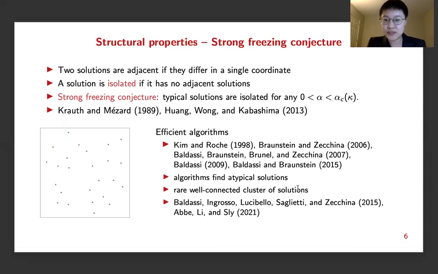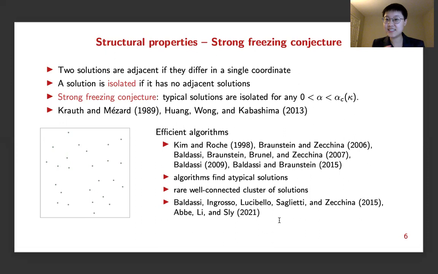Okay, and some of this was investigated in the paper by Baldassi and co-authors and another work of ours. So this is the phenomenon that you expect to see in the perceptron model. This is the complete picture for answering those three questions: the existence of solutions, structural properties, and efficient algorithms.